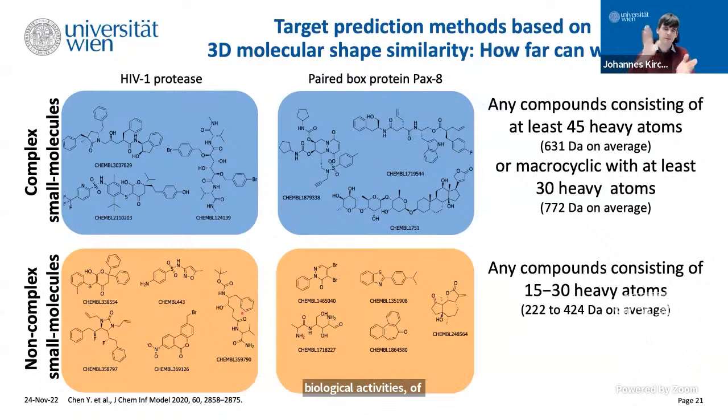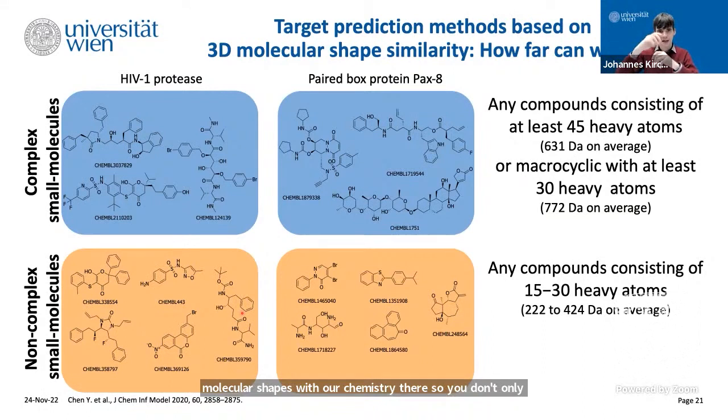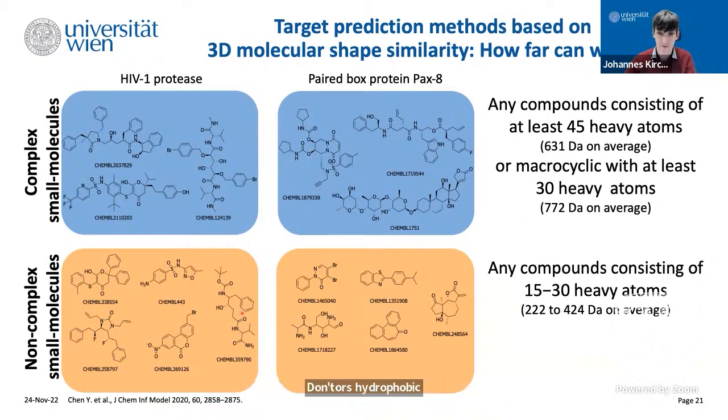So it's a very simple similarity-based method for target prediction, with the trick that you have a very robust and abstract representation of the molecular structure in the form of molecular shapes that are chemistry aware. So you don't only have the shape of the molecule, but you also have properties such as hydrogen bond donors and hydrophobic areas projected onto these surfaces or shapes.